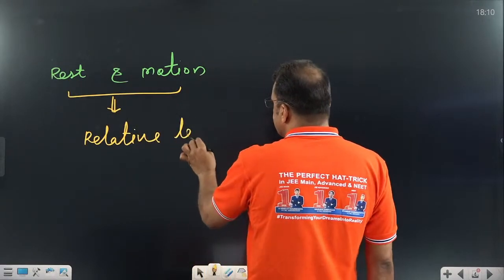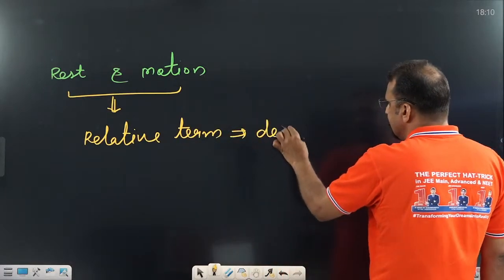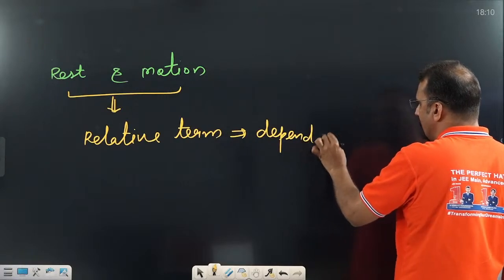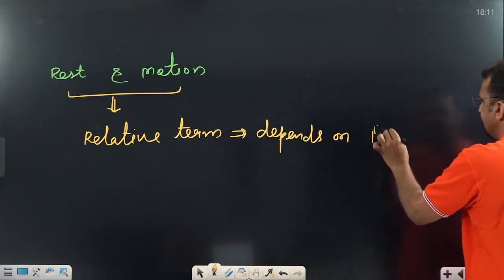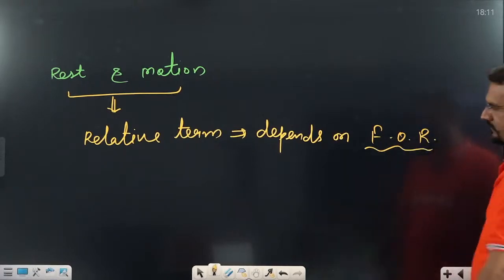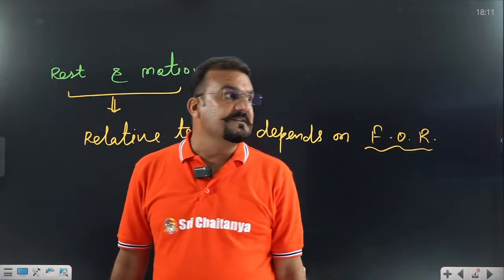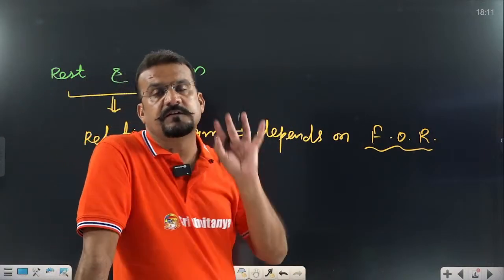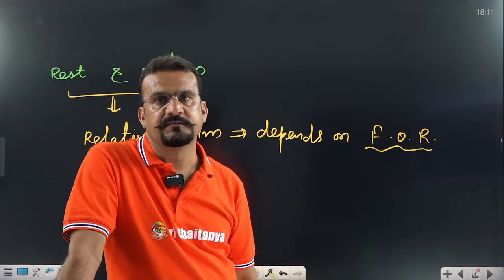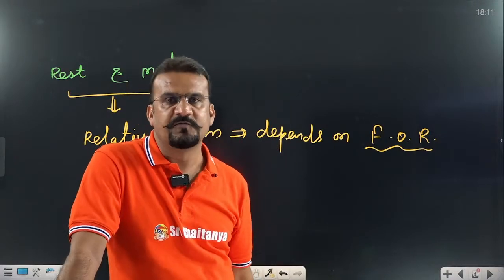Relative term means these depend on frame of reference. In short, I will write frame of reference as FOR. Now you can say rest means no change in position with respect to frame of reference, and motion means change in position with respect to frame of reference.